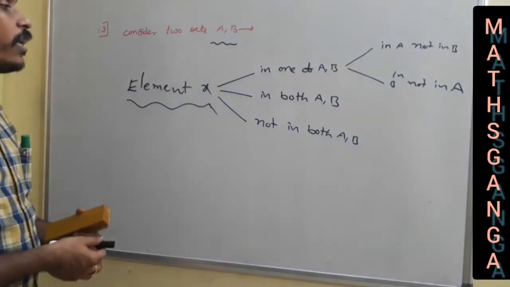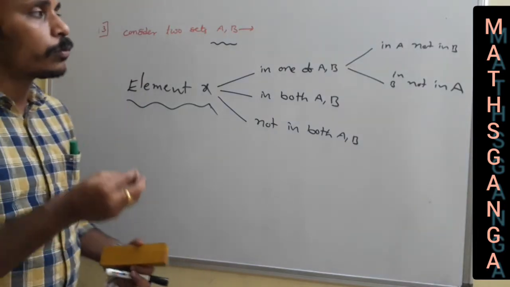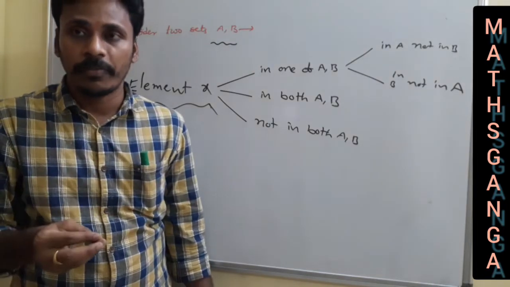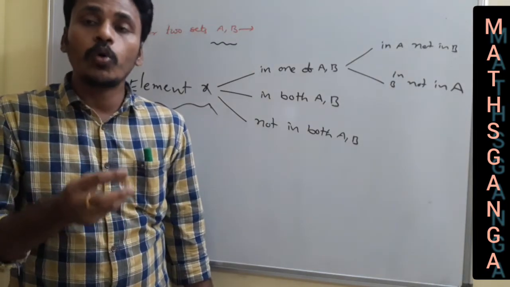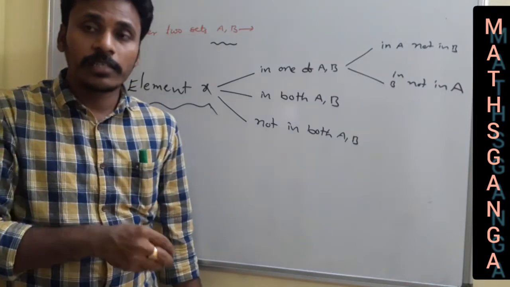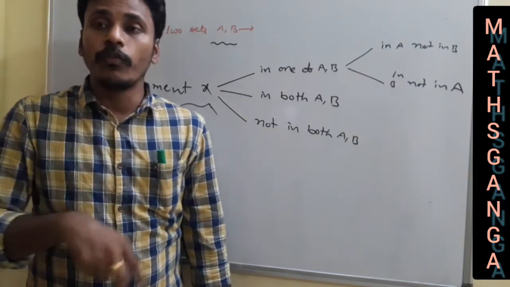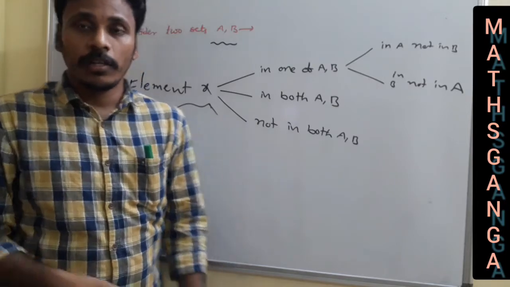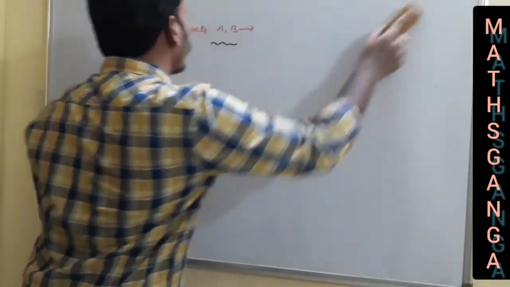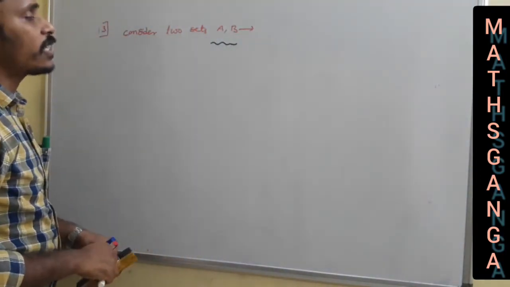So totally there are 4 possibilities for an element with reference to the two sets A comma B, and that's why we need to draw 2 circles to represent these 2 sets, such that I involve 4 different regions. So what is the possible diagram to represent the sets A comma B?